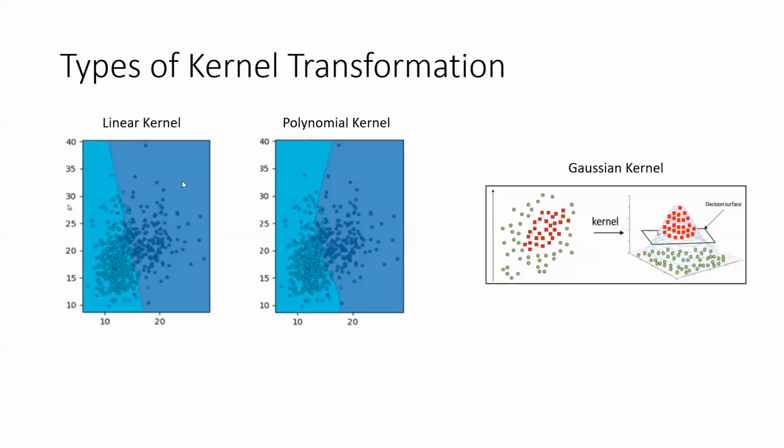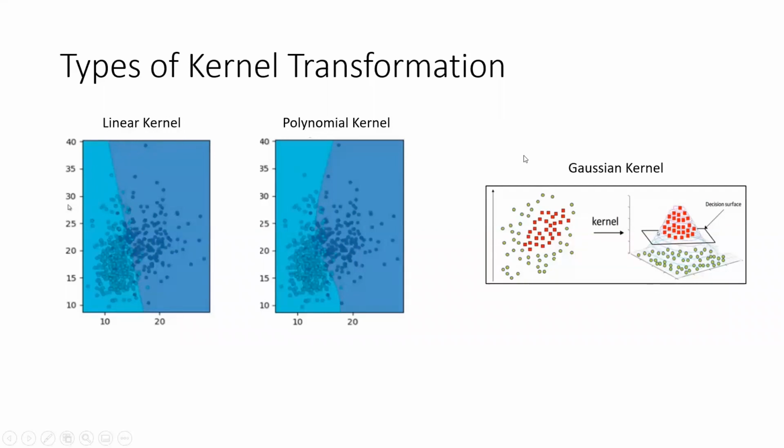The next level of kernel is the polynomial kernel, which rather than drawing a straight line draws a curved line. This navigates through some of the deeper nitty-gritties in the data and achieves a better separation than the linear kernel.